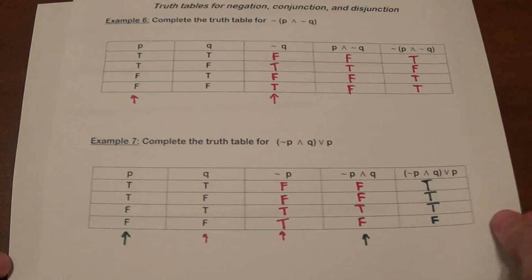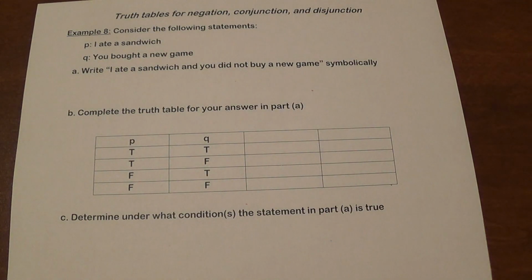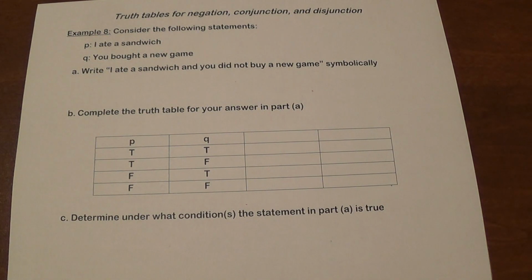Alright. So what we're going to do here is we have a verbal statement that we need to write in symbolic form, and then we're going to complete the truth table and determine what conditions are going to make it true. So I ate a sandwich, Q, you bought a new game. So how do we write this symbolically?